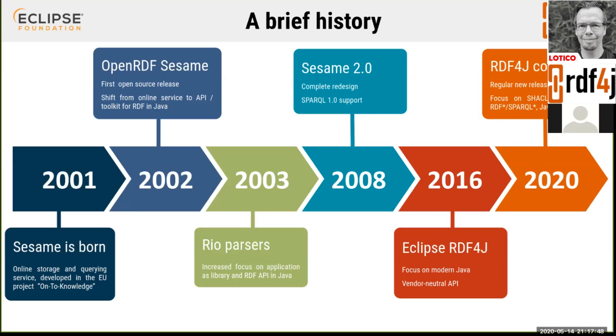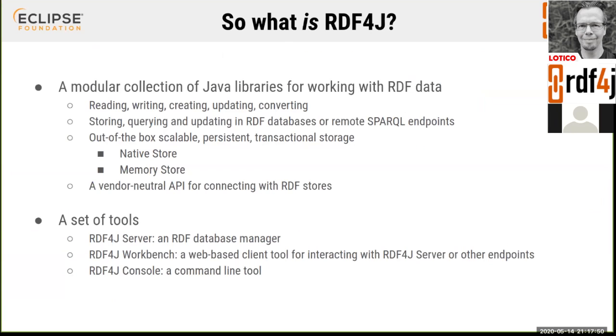Maybe the next thing to have a quick look at is what actually is RDF4J. There are two major subsets into which RDF4J falls apart. One way of looking at it is that it is this collection of Java libraries for working with RDF data.